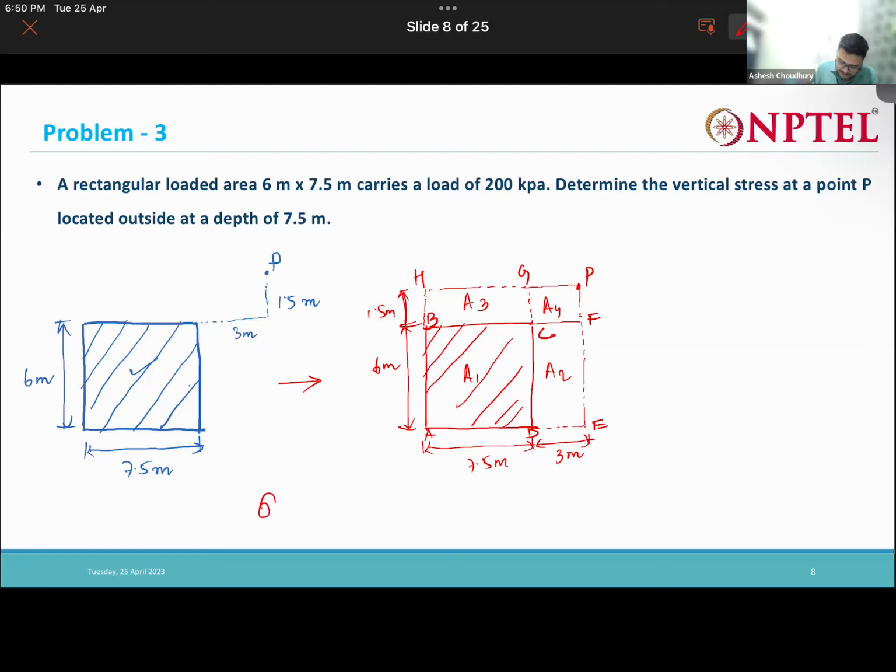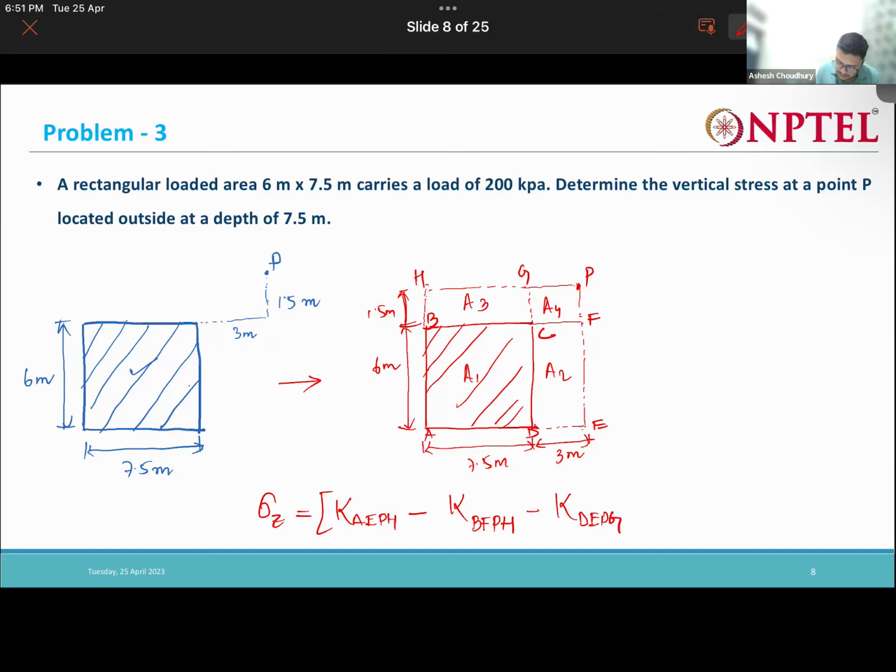So my sigma z, which is the increase in stress, will be equal to K for AEPH times pressure, minus K for PFBH times pressure, minus K for DEPG.